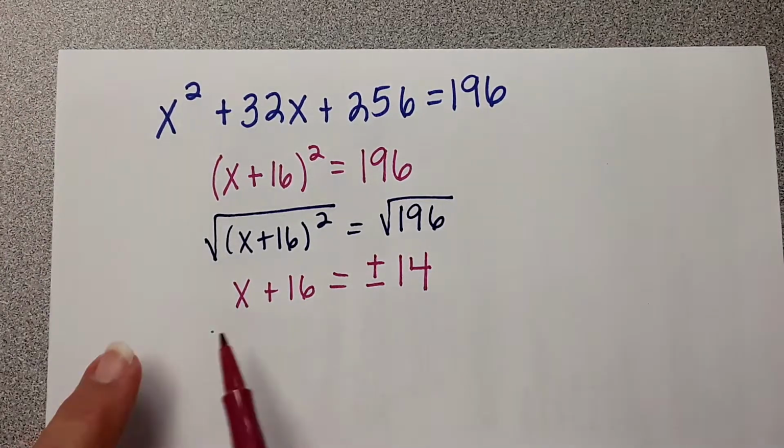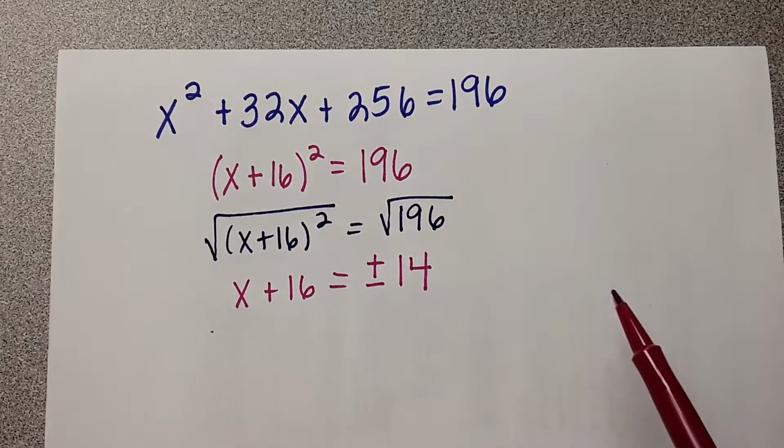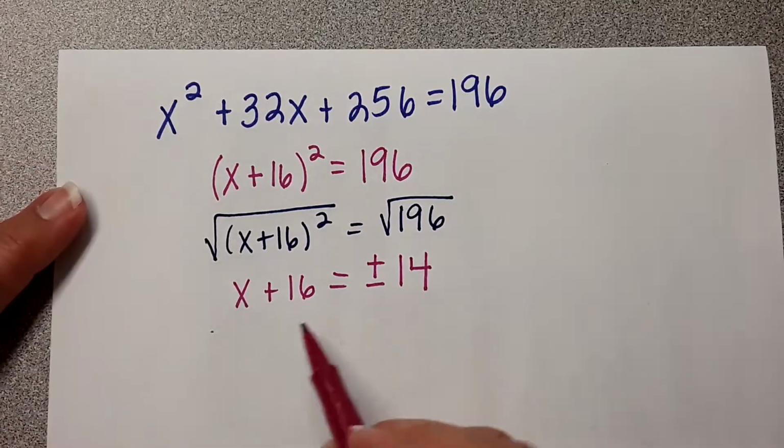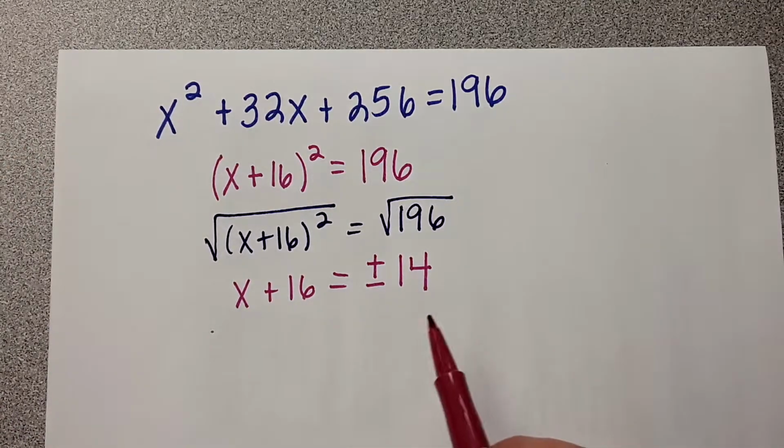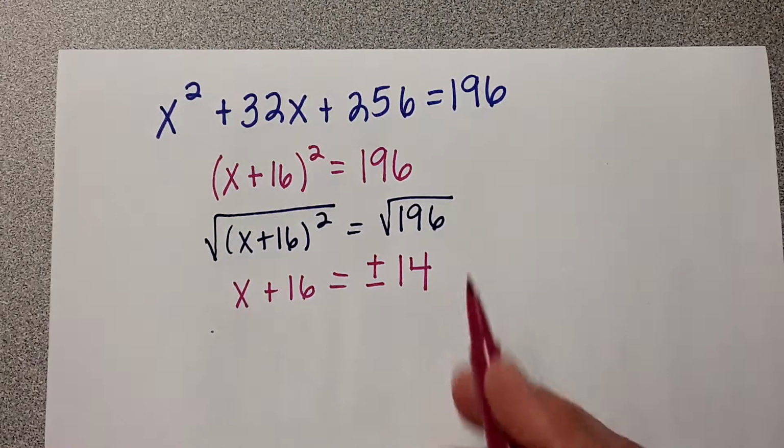Some kids are breaking it up into x plus 16 equals positive 14 and x plus 16 equals negative 14, and you can do that, that's fine.